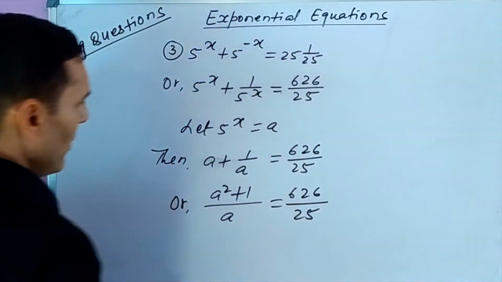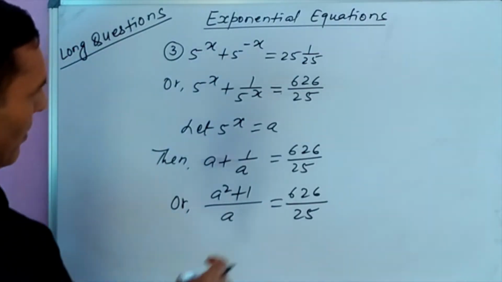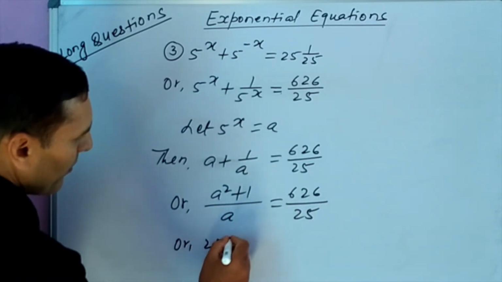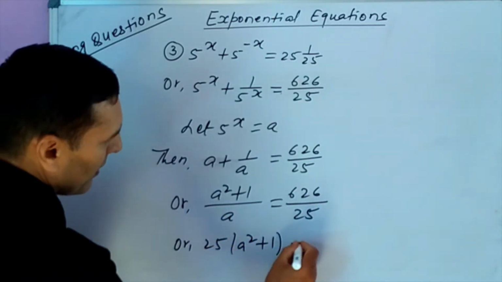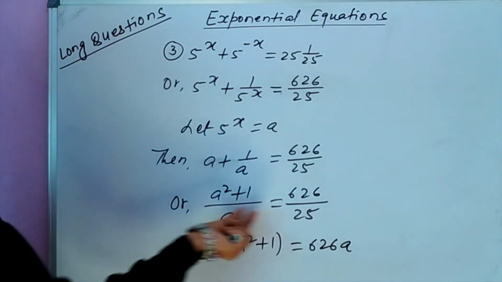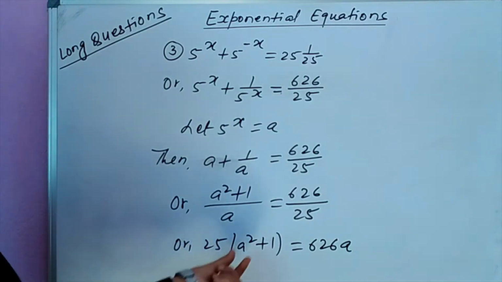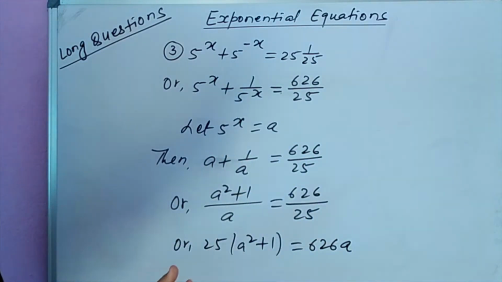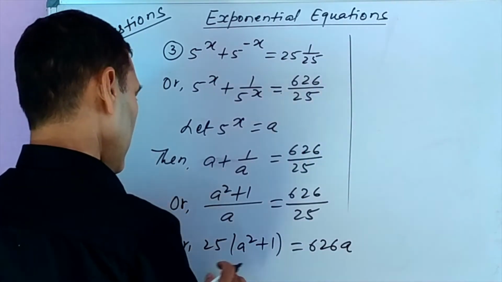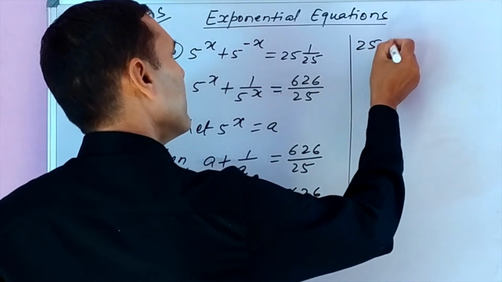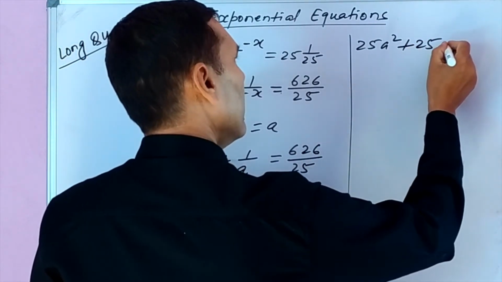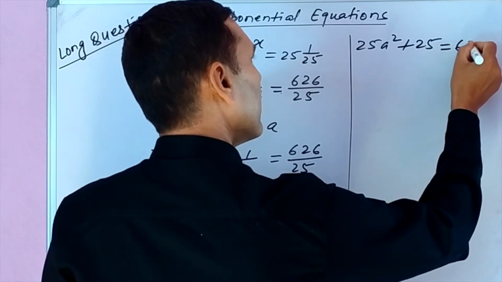Now after this we do the cross multiplication here. 25 times a square plus 1 is equal to 626a. This 25 and this a square plus 1 are multiplied together, then the 626 and a are multiplied together. It is 25a square plus 25 is equal to 626a.